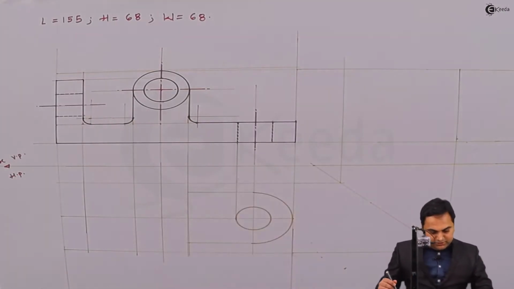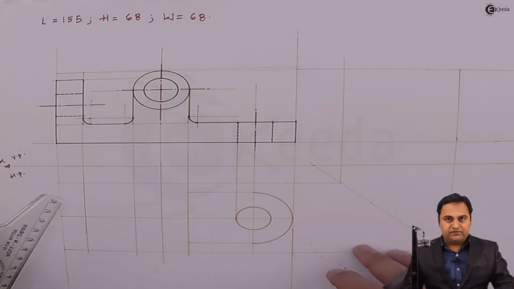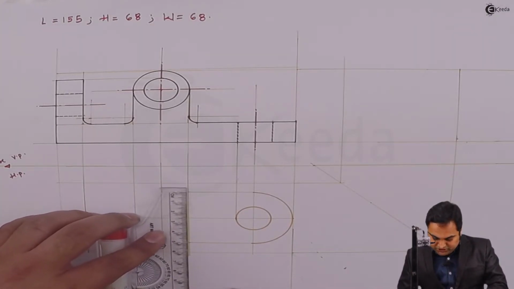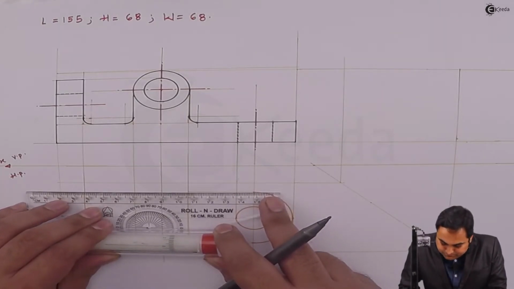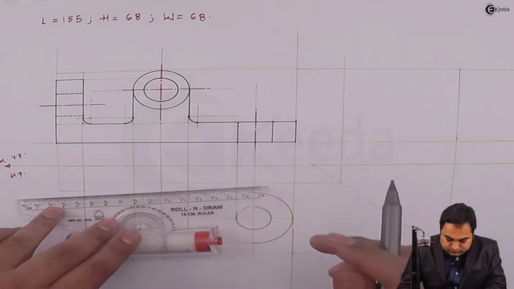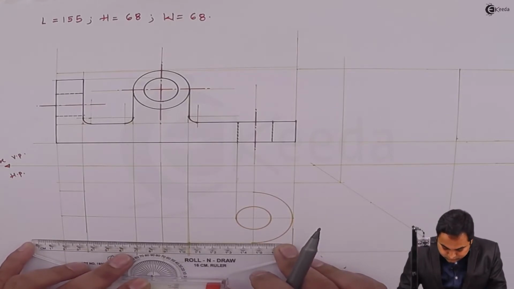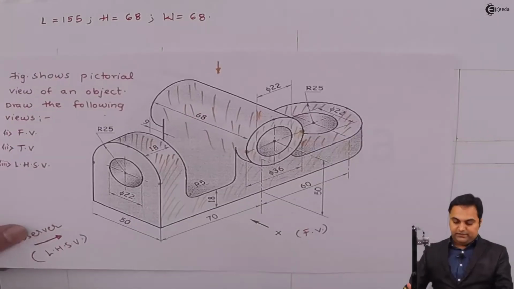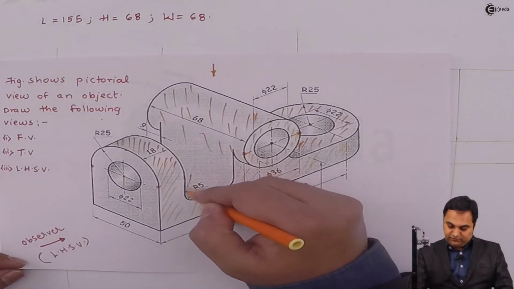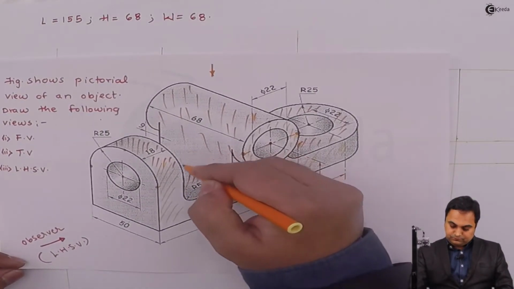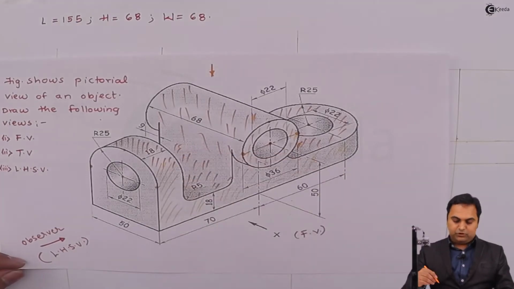So here is the length of that portion, and width is 50, which I already have here. I'll project it light, and then here is this surface, which will also be seen from the top.